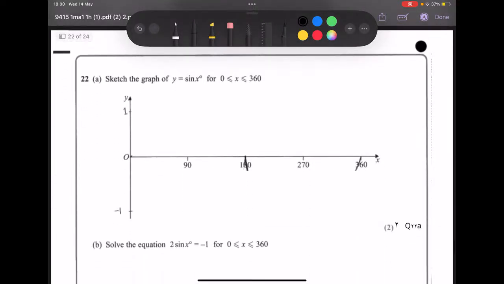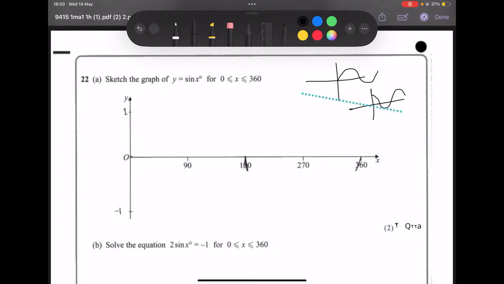That is 5 marks. Now sketch the graph for y equals sine x, for x between 0 and 360. So for sine, we know that it crosses from here and goes like this. For cos, we know that it starts here and crosses like this.